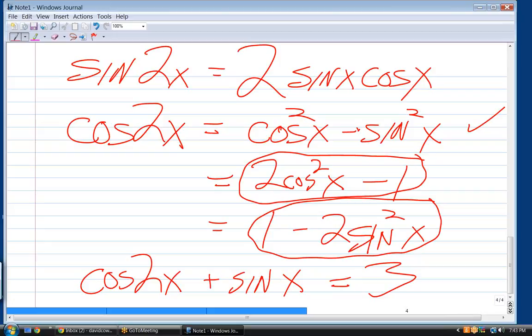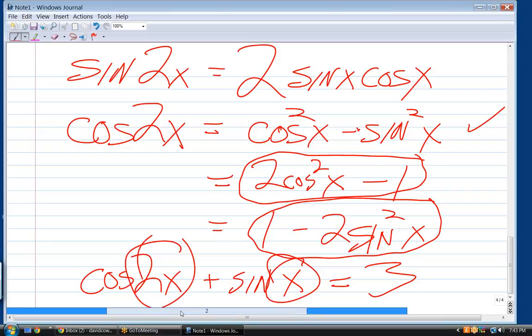The key to solving trig equations is to get everything in the same trig function. It's very difficult to solve a trig equation if you have a mixture of trig functions or if you have a mixture of what's inside. What you want is to have the same trig function and the same argument.